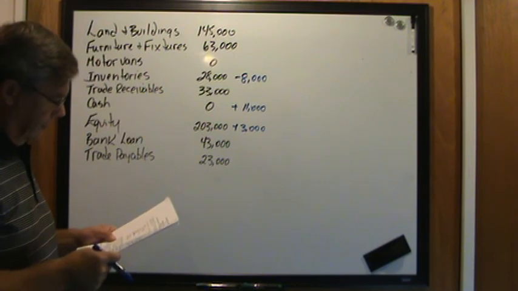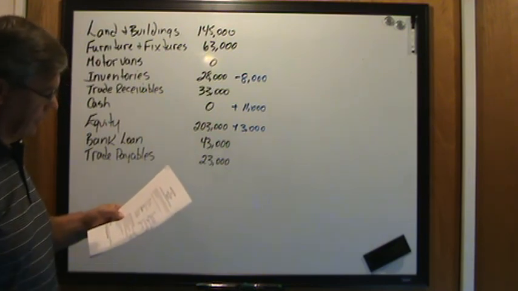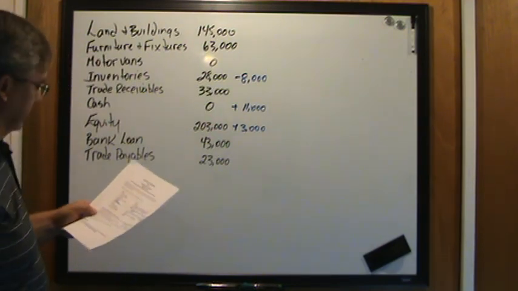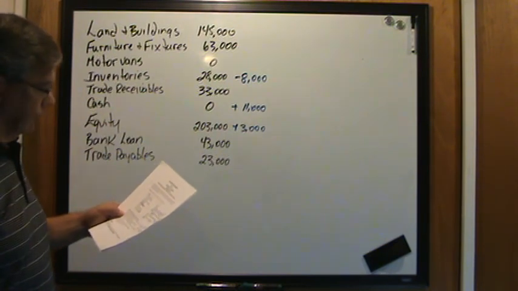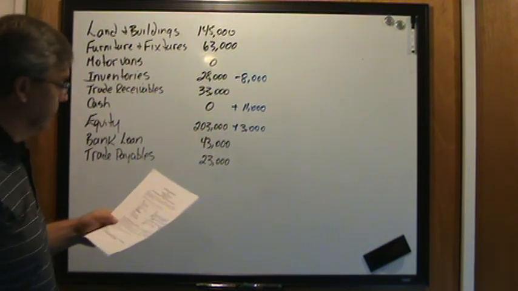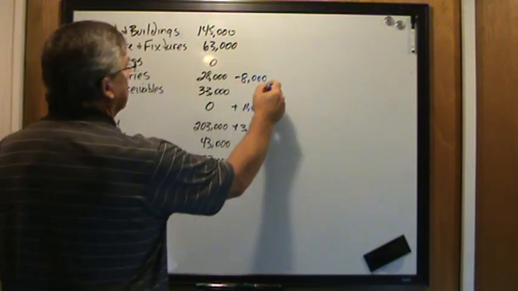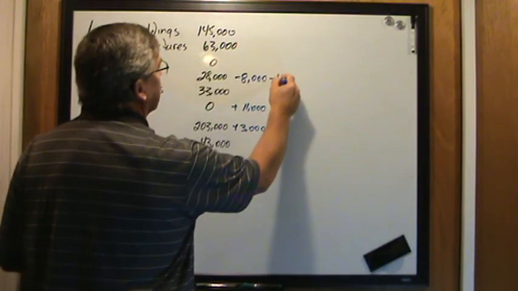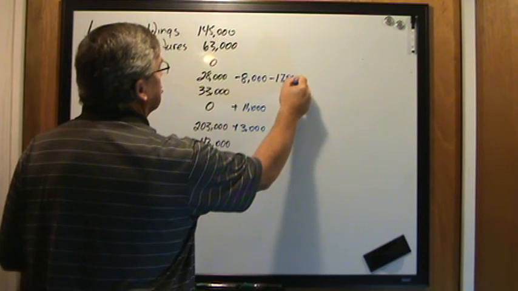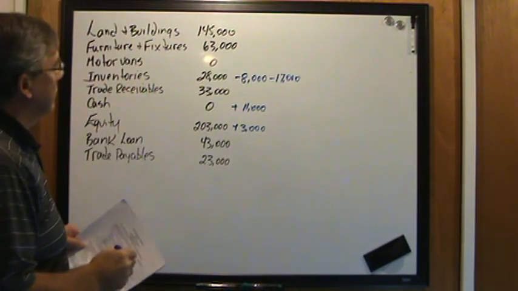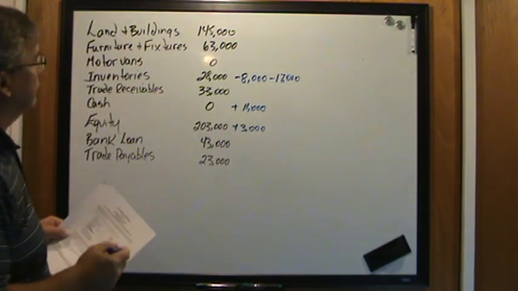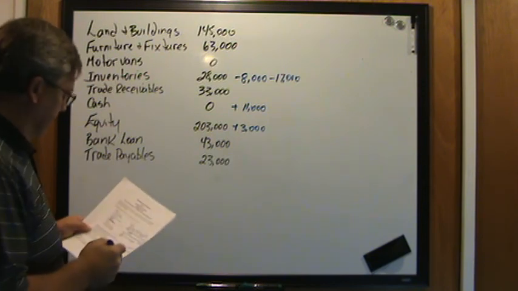Next is that we sold inventories for $23,000 on credit. And these inventories had cost $17,000. So the inventories go down $17,000 more. We sold them on credit, which is trade receivables.